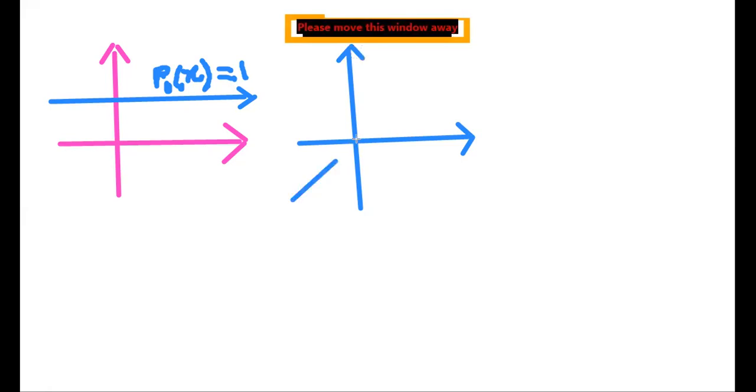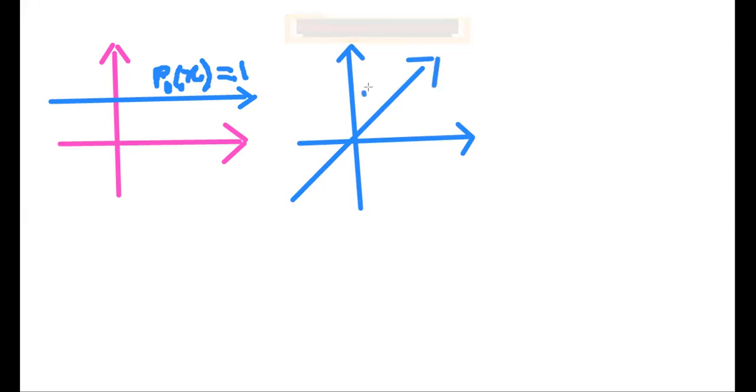You have seen P1 of x equal to x. What are the points on this line? 1, 1, 2, 2, 3, 3.